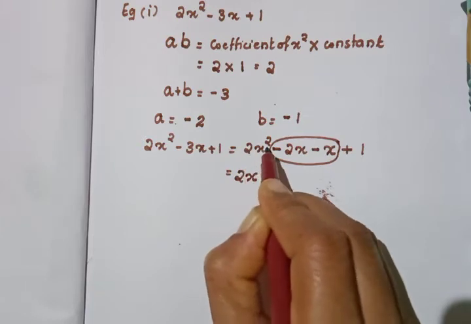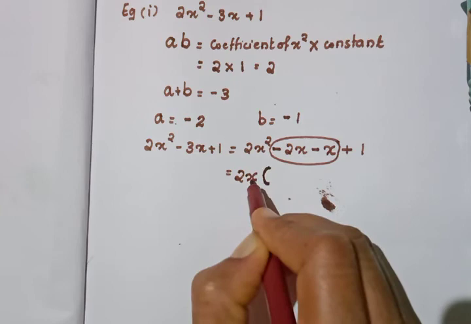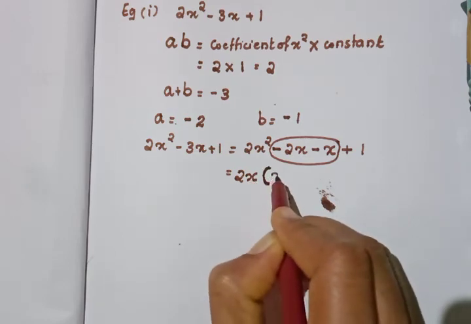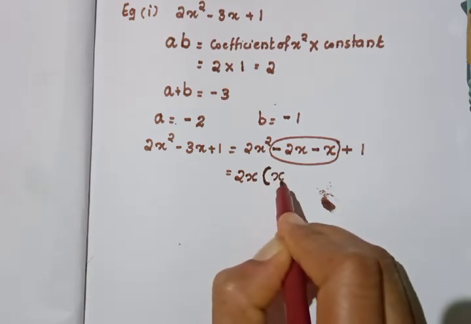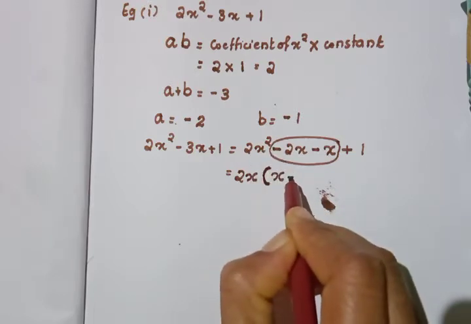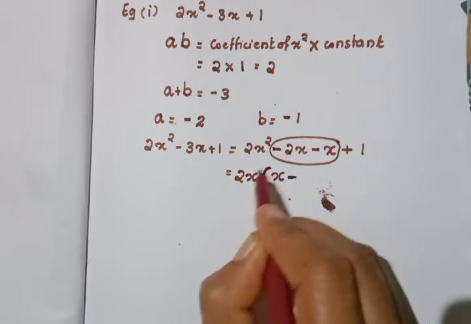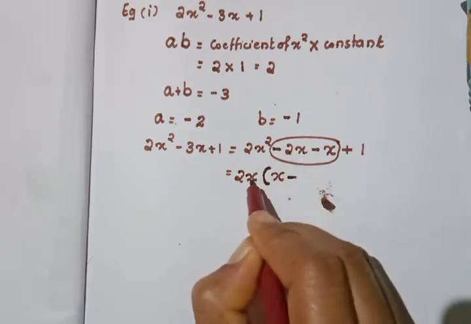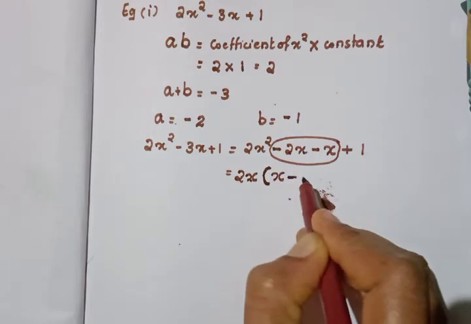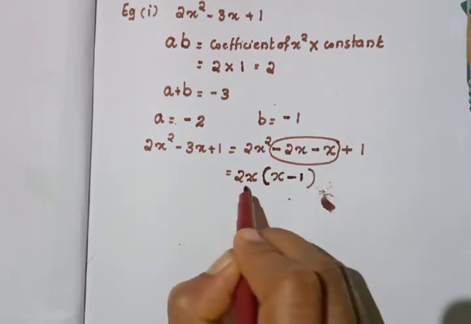From 2x square we took 2, and from x square and x we took x. So what is remaining here? 1x will be remaining inside the bracket, and the symbol between these two terms is negative, so put the negative here. If it is plus, you have to write plus here. Clear? Now 2 we have taken, x also we have taken, nothing is remaining there. What does nothing remaining mean? It will be 1.